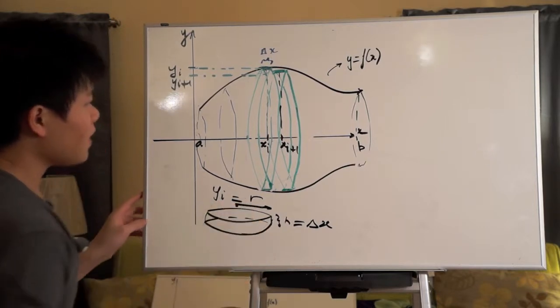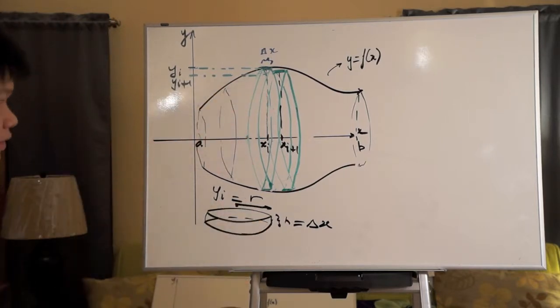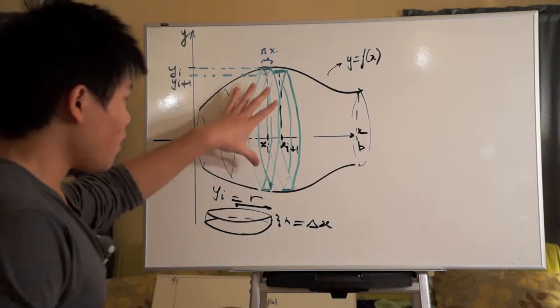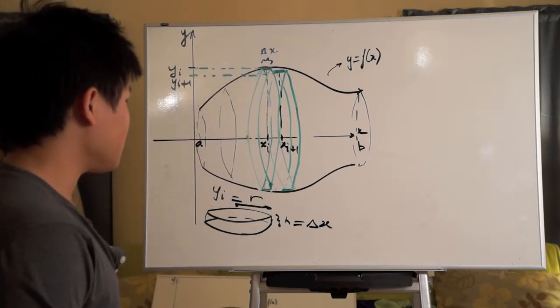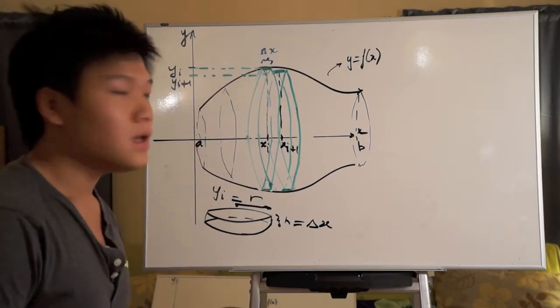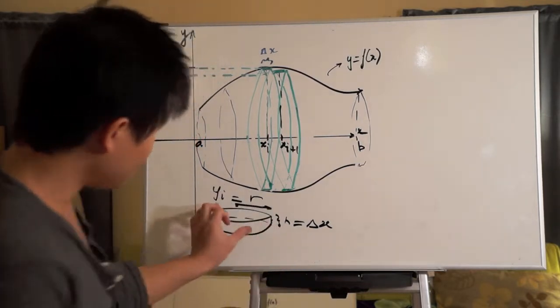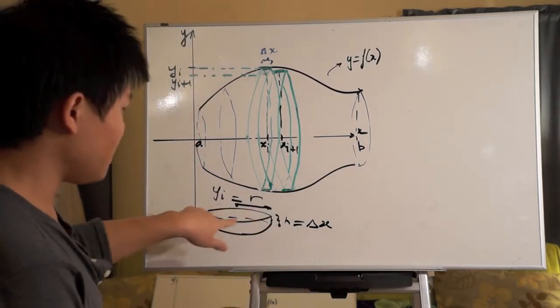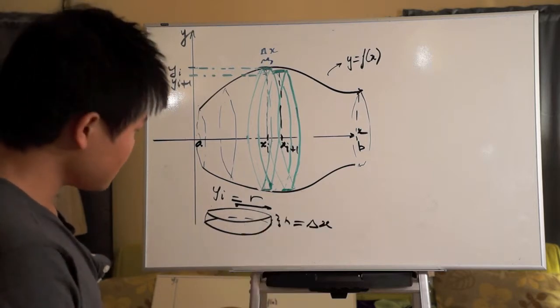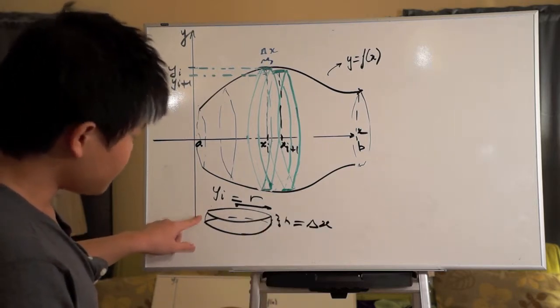Let's look at the volume of this closed cylinder. The volume of the cylinder is equal to the area of the cross surface times the height.